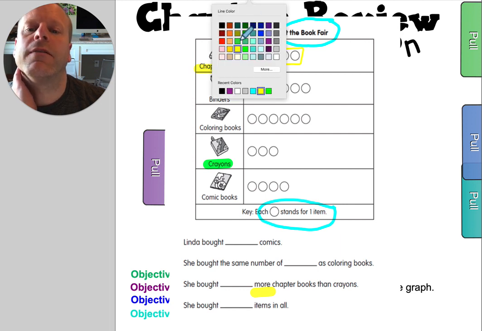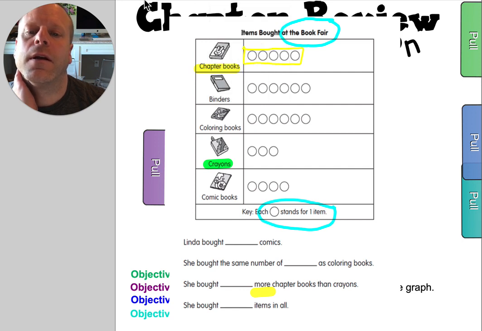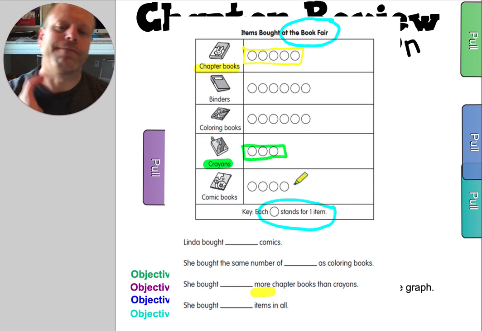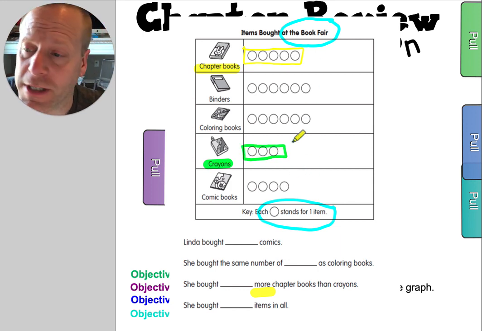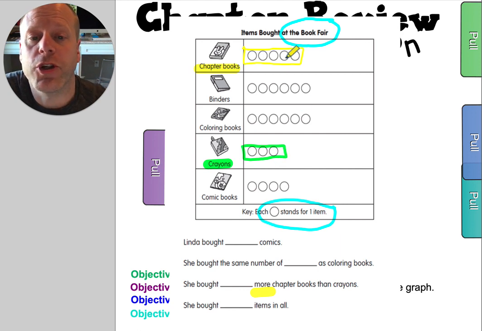Not sure I have a green highlighter here. Perfect. So these are the two that we're focusing in on. You can see right away that one is short and one is a little bit longer. The trouble is they want to know how much longer it is.